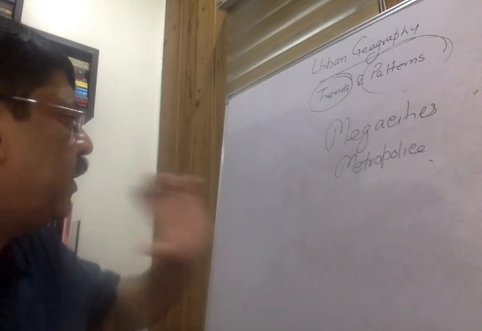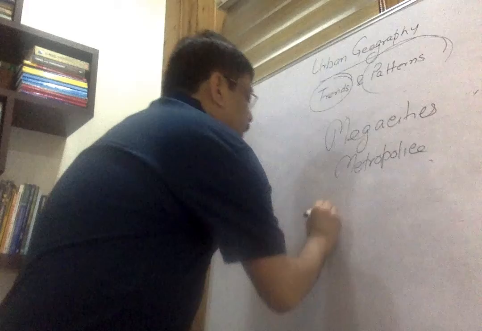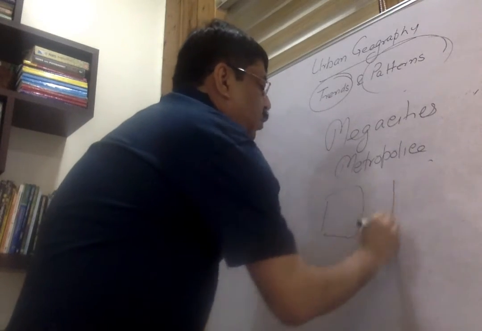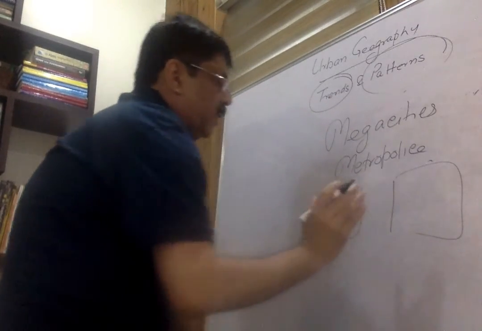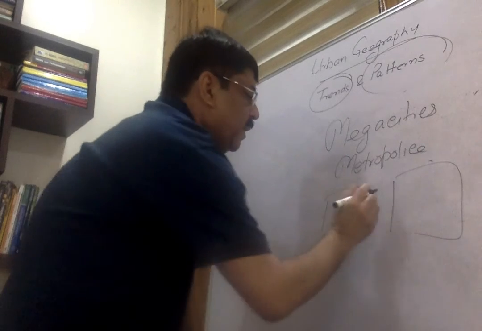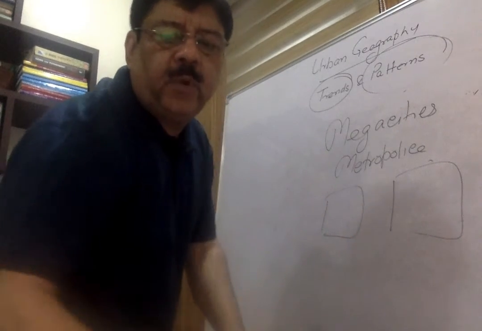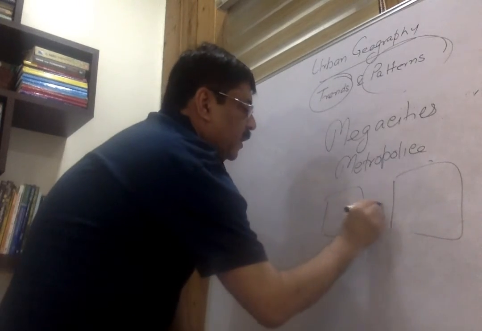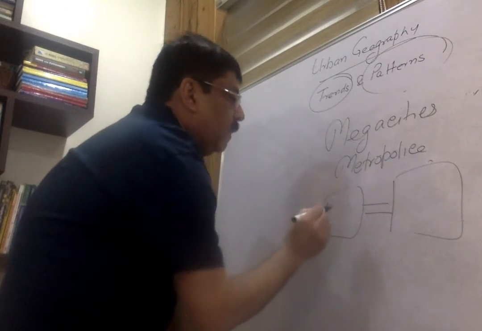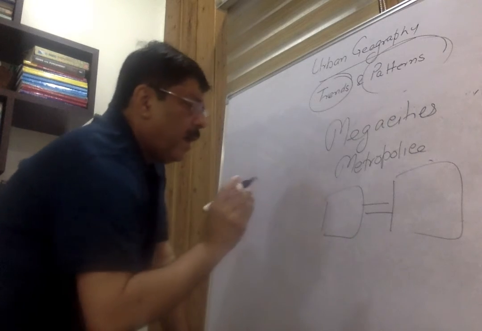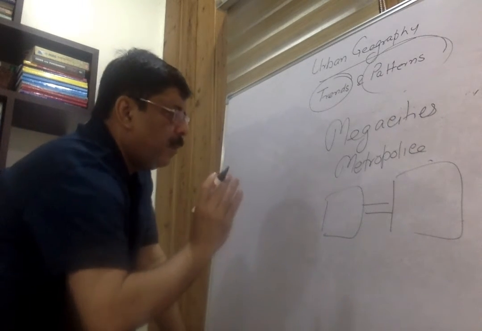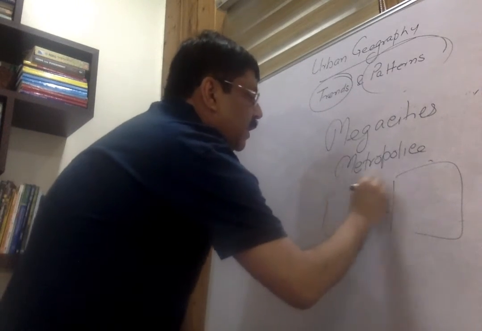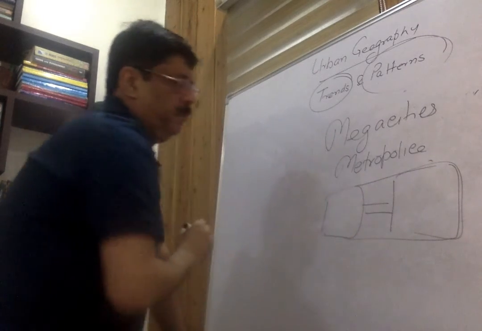And there's one thing. Suppose these are two big cities around 50 kilometers apart. Urban sprawl takes place along connecting roads, and after a period of time, these cities become almost one.